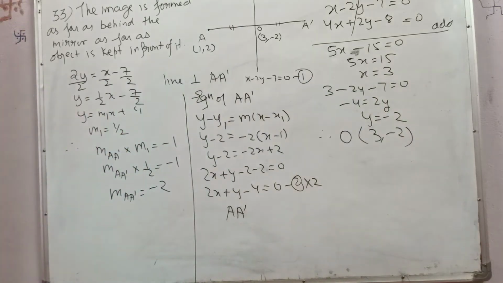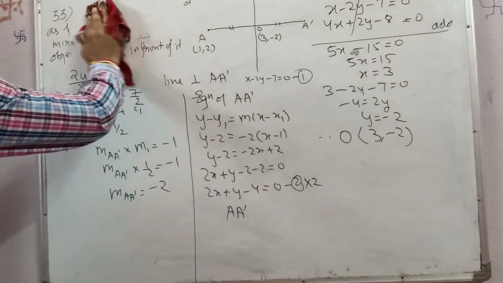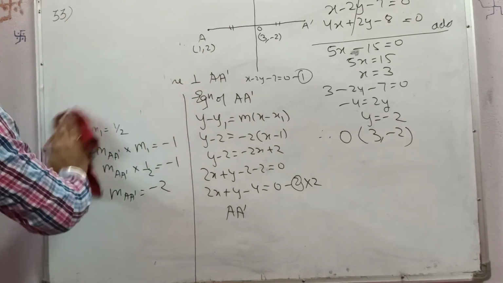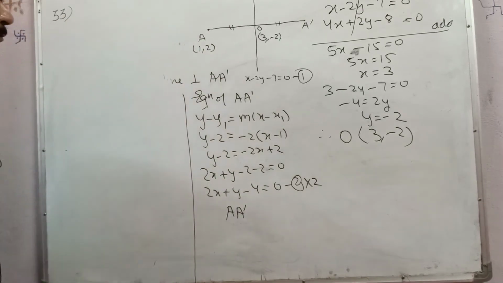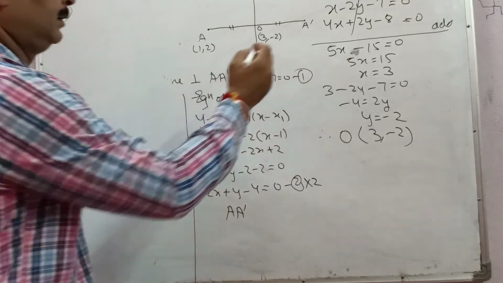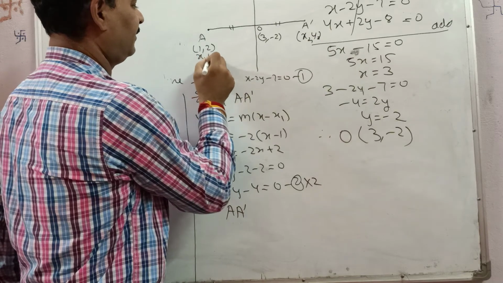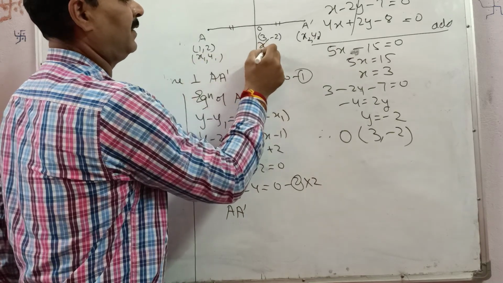So let the coordinates of A dash be (x2, y2). Then this is (x1, y1), and this is (x, y).